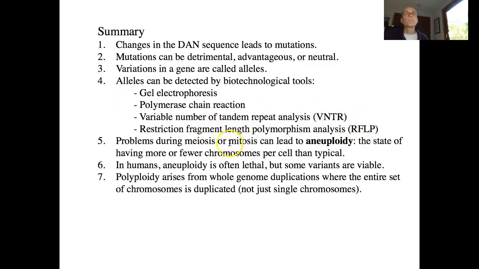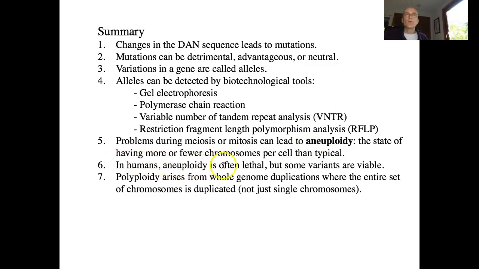We talked about the fact that problems during meiosis or mitosis can lead to a change in the number of individual chromosomes. The state of having more or fewer chromosomes per cell than typical is referred to as aneuploidy. I didn't mention that term earlier on, but we did talk about this, and I wanted to mention this term of aneuploidy to you here.